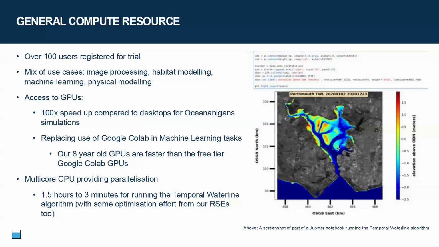Also, just providing easy access to multi-core CPU has been very popular. This is a picture of a temporal waterline algorithm notebook, and with some work from the RSE team around optimization and implementing the parallelization, we took that from 1.5 hours to about 3 minutes to run.